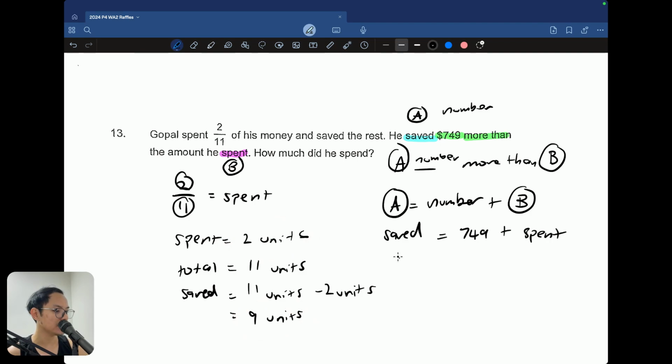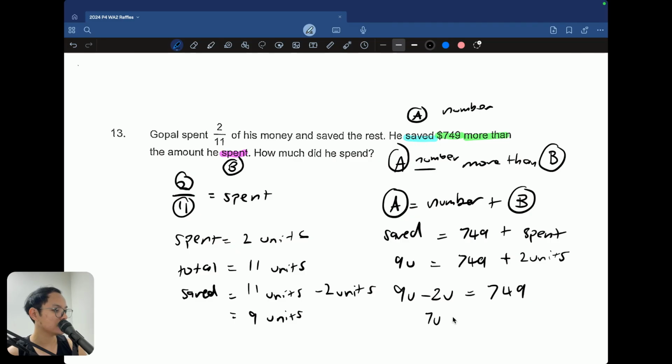So we put saved, 9 units, is equal to 749 plus 2 units. Okay, right? So we can just minus the 2 units from the 9 units.